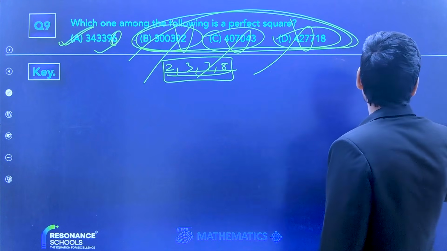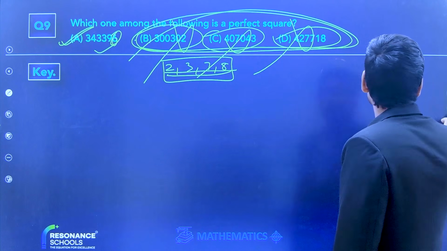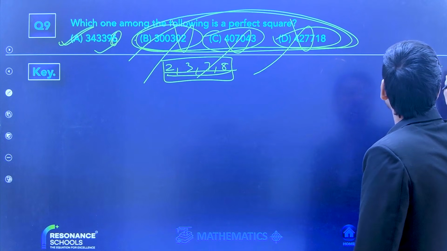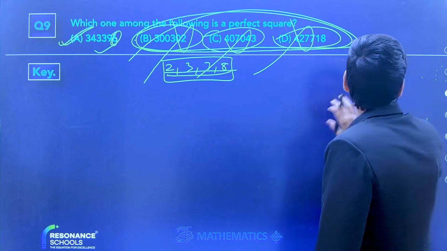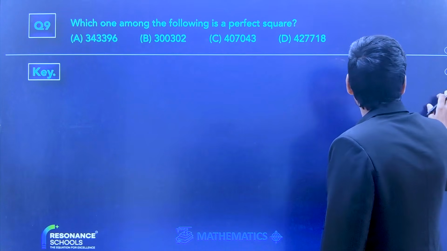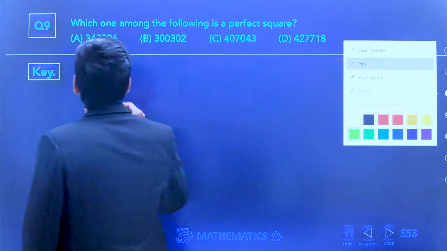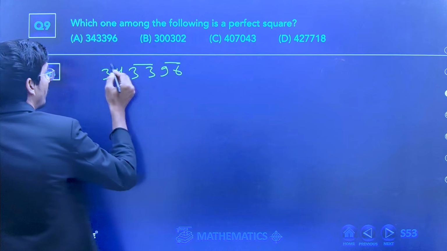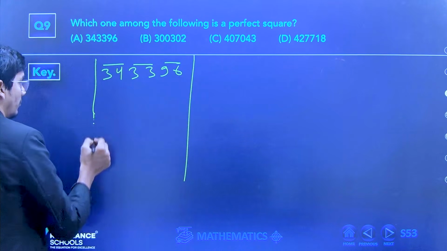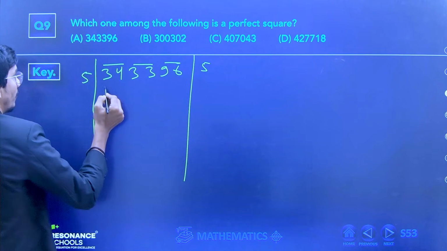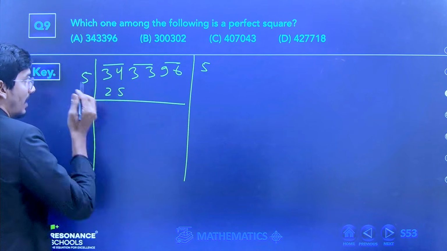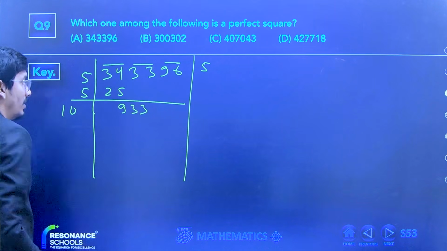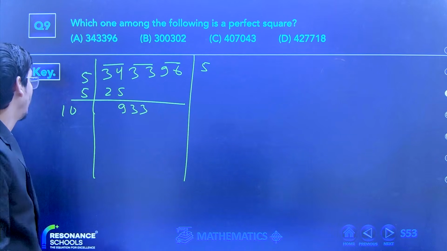We can also find the value of the perfect square. Can you tell me what is the value of the number? The square root of 343396. Make a pair. 5 into 5 is 25. The remainder, add 9, makes 10.